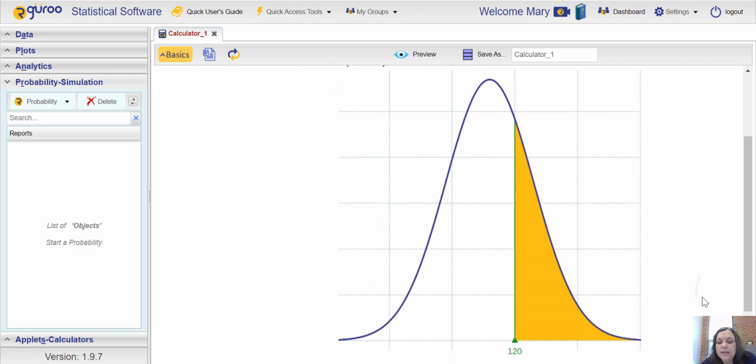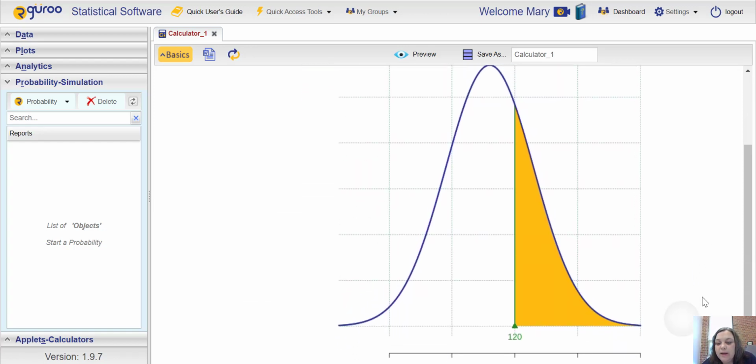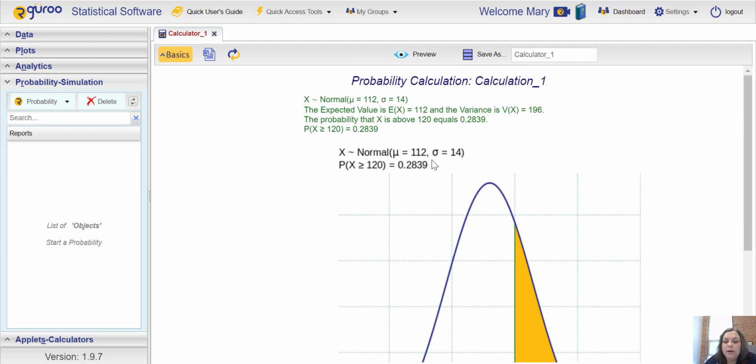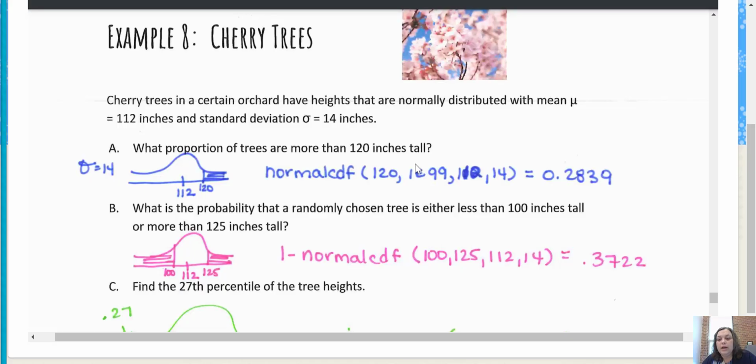And so then we can see that it is graphing the area above 120 in the curve. You can see this yellowish orange shaded region. This is the probability that we just found above 120. And if you look up here, it would be 0.2839. If we go back to the answer key, 0.2839. So same thing we got with Normalcdf.